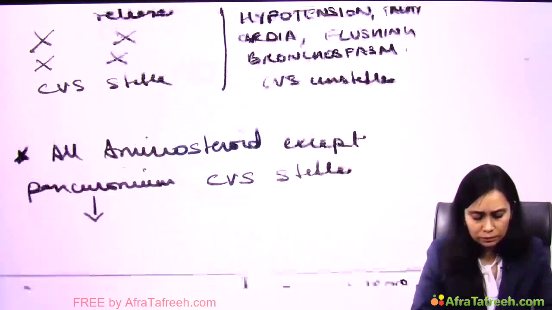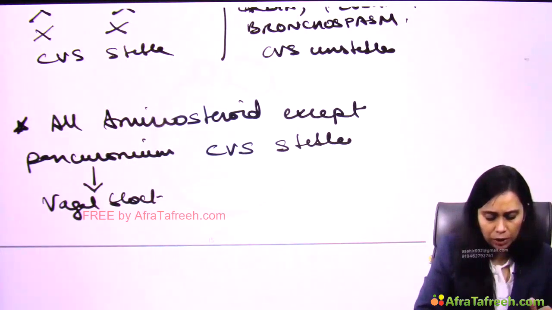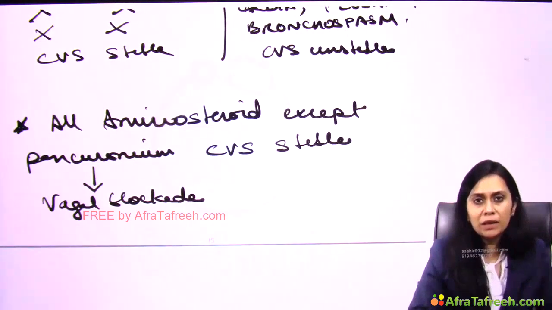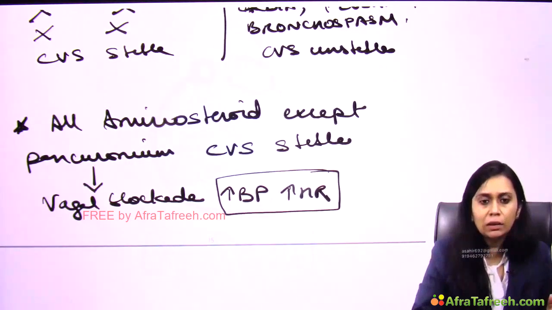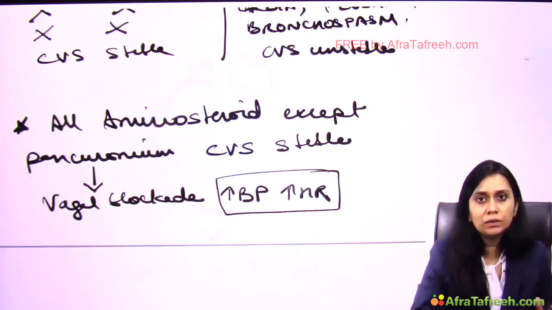Pancuronium causes vagal blockade, a parasympathetic block, so it is associated with hypertension and tachycardia. This makes the drug cardiovascular unstable. I have never seen a question on pancuronium apart from this point, that though it belongs to the cardiovascular stable group, it is cardiovascular unstable. Got my point?